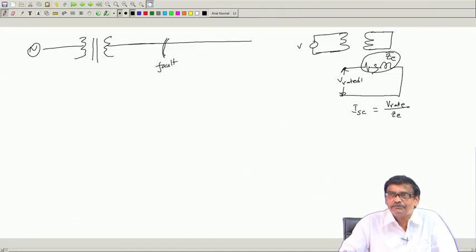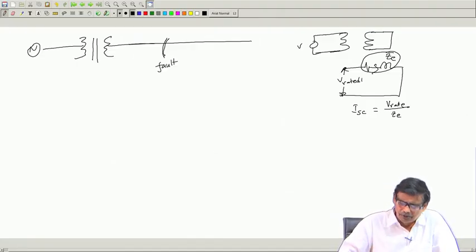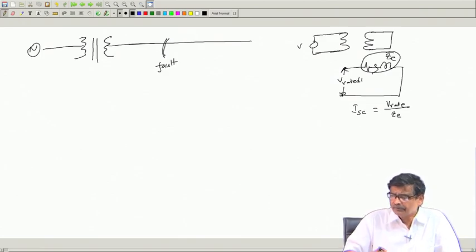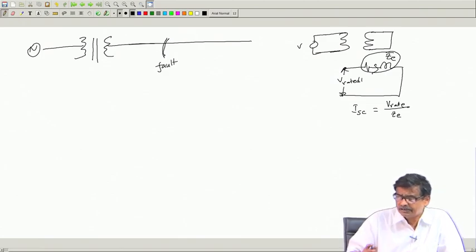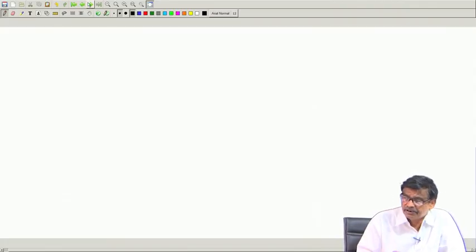Instead of 0, have some finite small value, small it is, but anyway it will try to limit the current. So, these are some of the points I want to tell you about the regulation of a transformer.